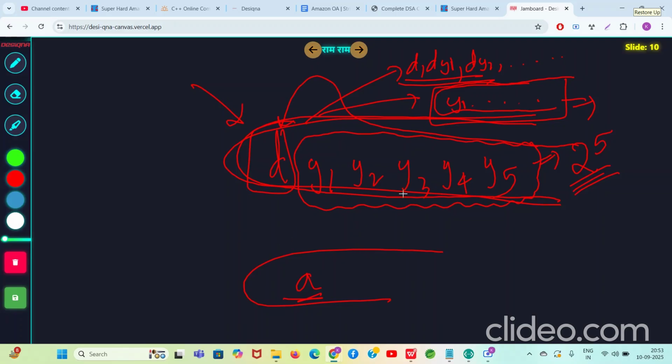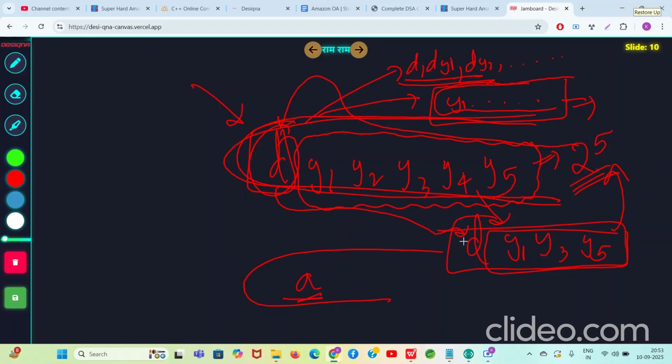Take any subset from y1 to y5. Let's say you pick the subset y1, y3, y5. This is one of the 2 raised to 5 subsets. Now you take this d and put it at the start. Now it looks like d, y1, y3, y5. D, y1, y3, y5 is bigger than a because the first character is bigger than a itself.